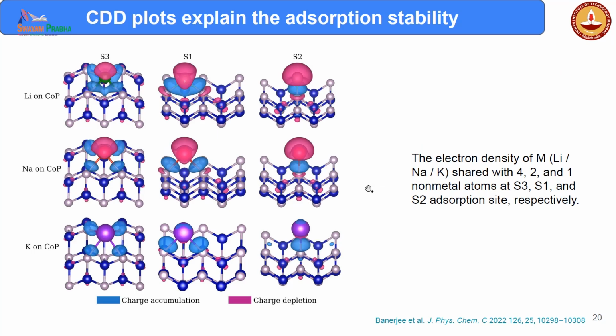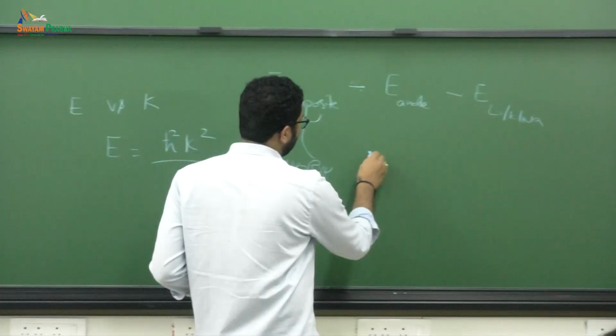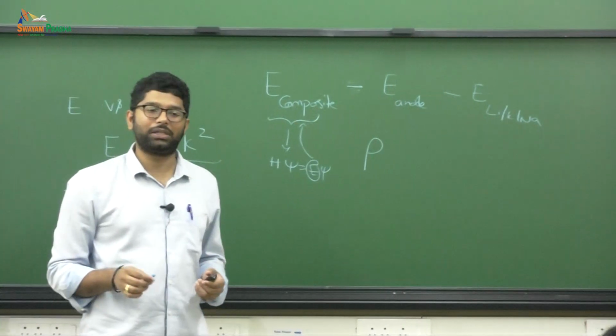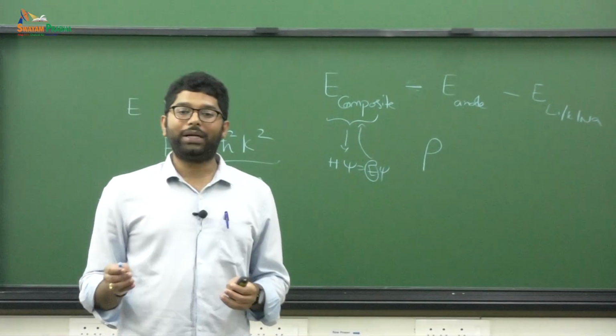So here, in order to understand why the S3 site is more stable, what we have plotted is charge density differences. Similar to what we have shown about the energy, you can also calculate the total density. As I said earlier, we are doing density functional theory, but even if you are not, what is density?